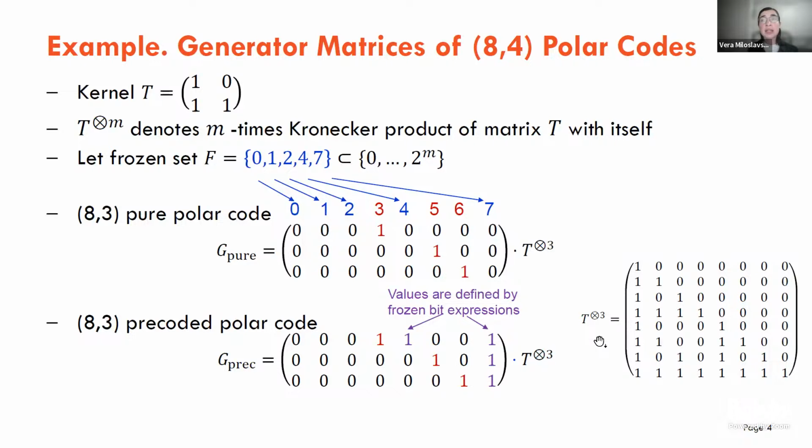To obtain a generator matrix of a pure polar code proposed by Arıkan, we need to eliminate some rows, and this can be represented as multiplication of the polarization transformation matrix by a precoding matrix.